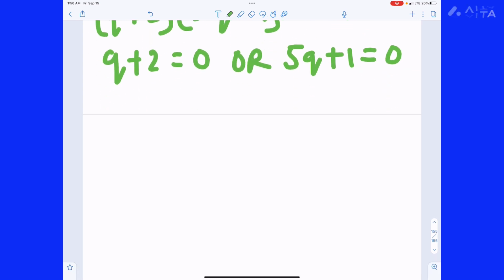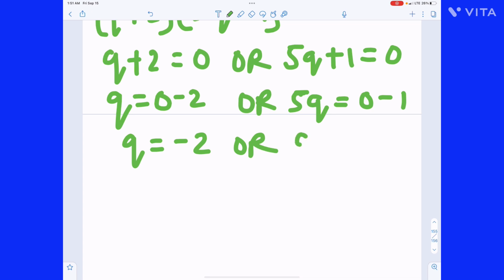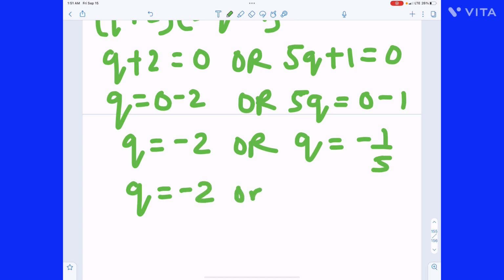That's more important. 5x³ is 0 minus 1. So x³ is minus 2, or x³ is minus 1 over 5.